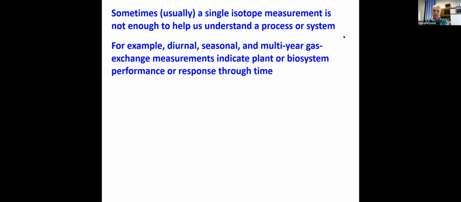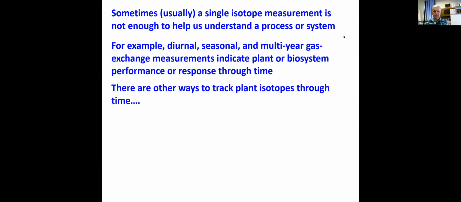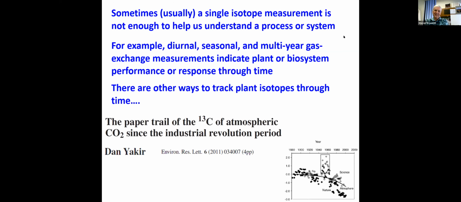It could be daily measurements, it could be seasonal, could be multi-year measurements that you can compare from one year to the next. There's other ways to track plant isotopes through time besides gas exchange measurements. And Dan actually used one of them.